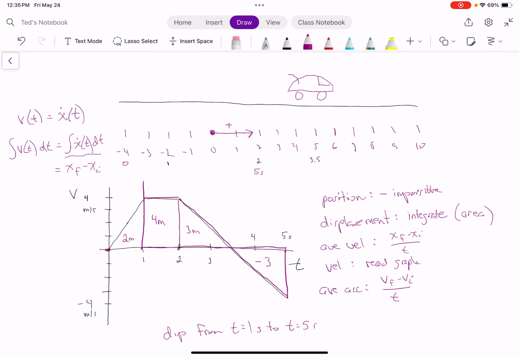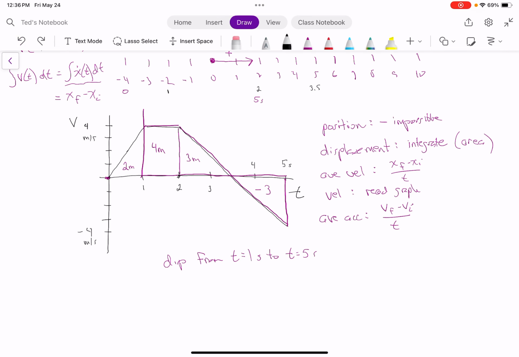So if I wanted to know the average acceleration from 0 to 2 seconds, my final velocity is 4, my initial velocity is 0, and so the average acceleration is 4 minus 0 divided by 2 seconds, and that would give me the average acceleration.